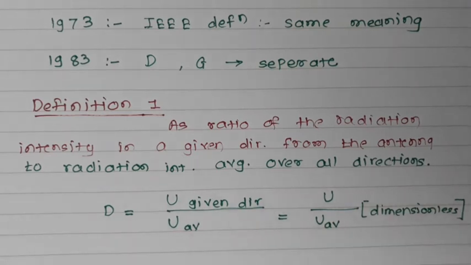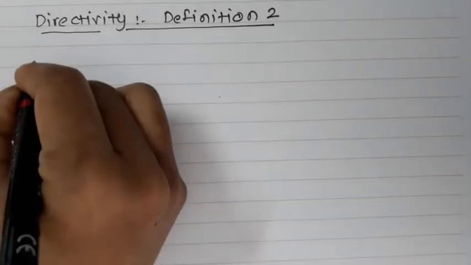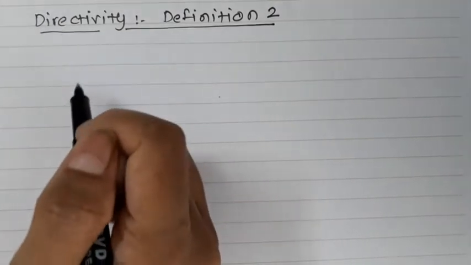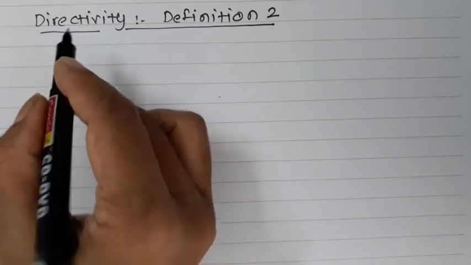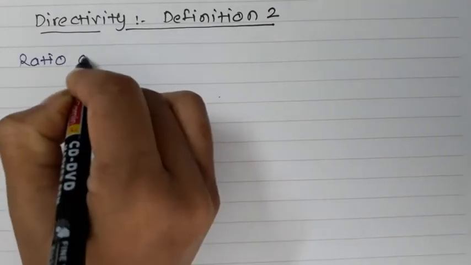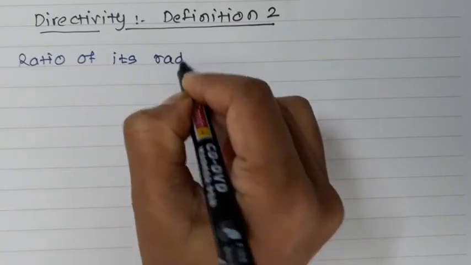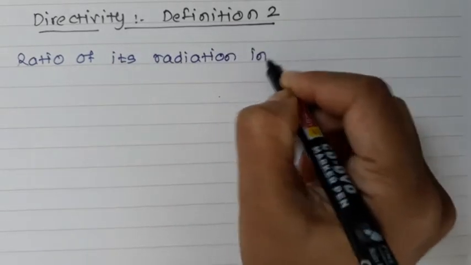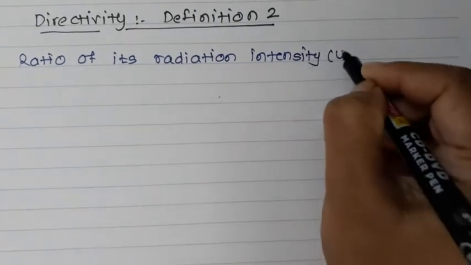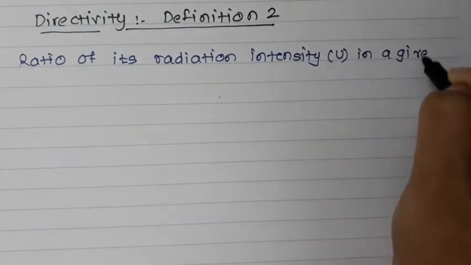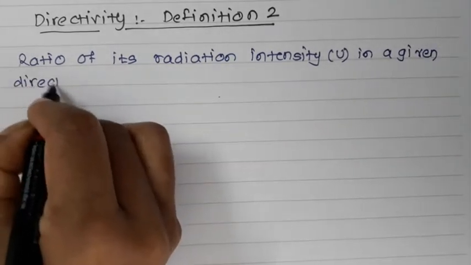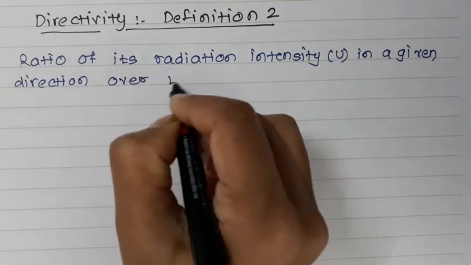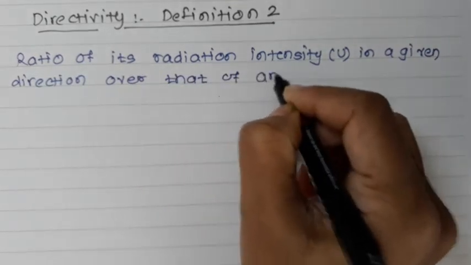Now let us talk about the second definition. The directivity of a non-isotropic antenna is defined as the ratio of its radiation intensity, which we denote with U, in a given direction, over that of an isotropic source.